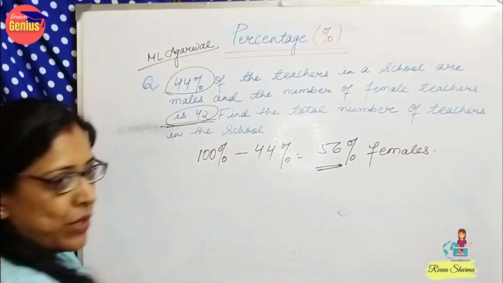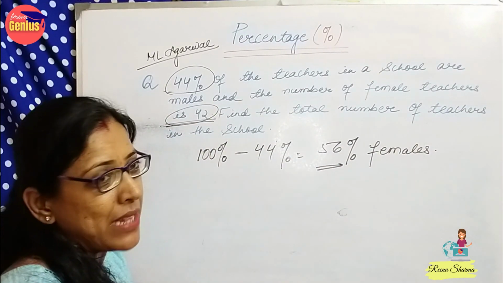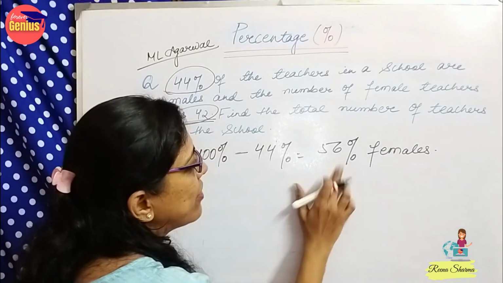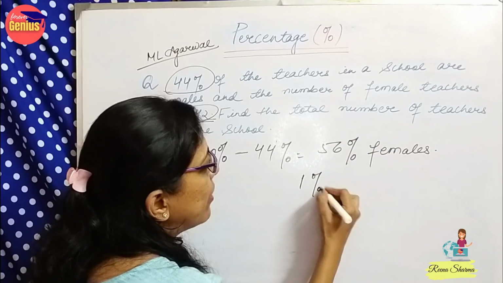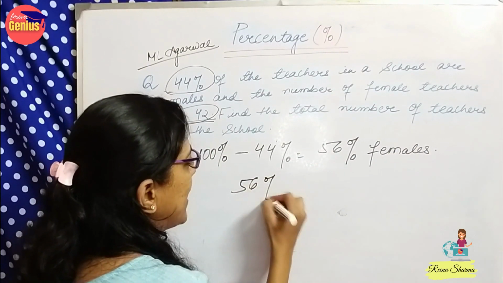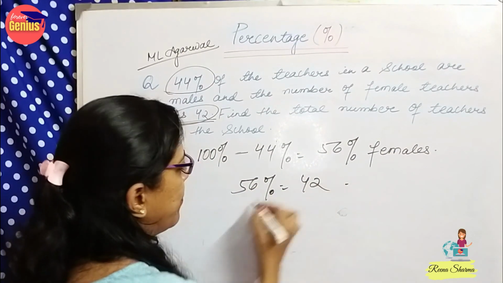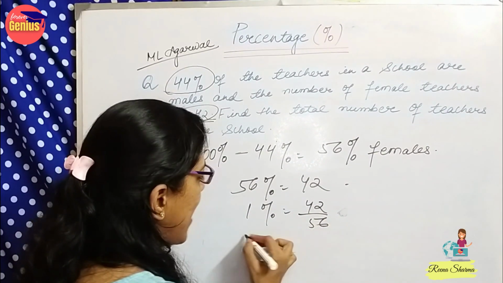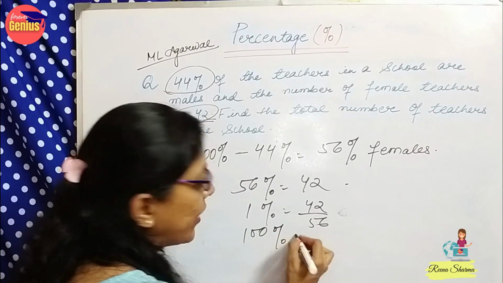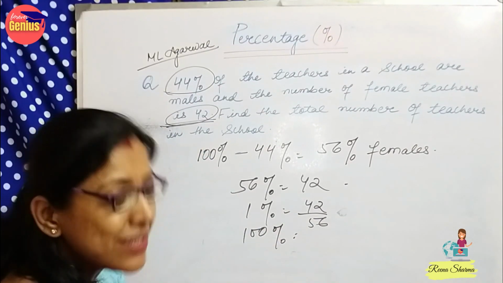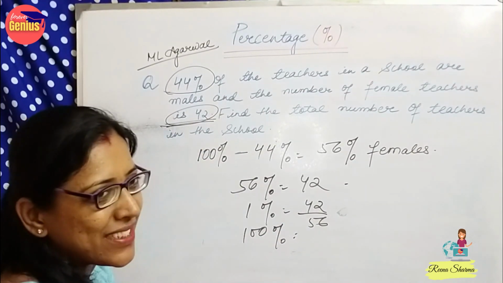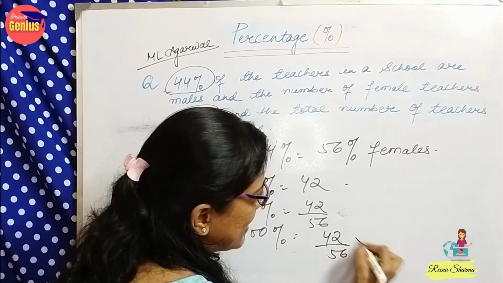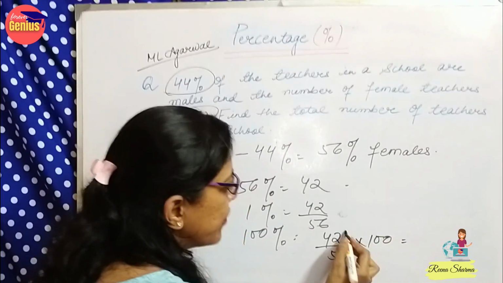Now when we know 56% is females, can we take out for 1 and then 100? Yes, of course we can. So 1% will be what? 56% is equal to 42. So 1% will be 42 by 56 and we want to find out for 100. That will be equal to, yes, you are all correct, just multiply by 100. So 42 by 56 into 100. Solve it.